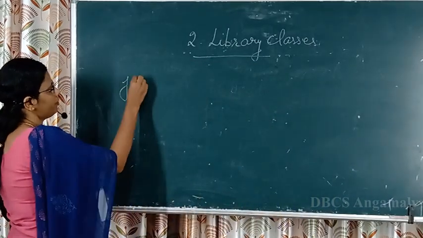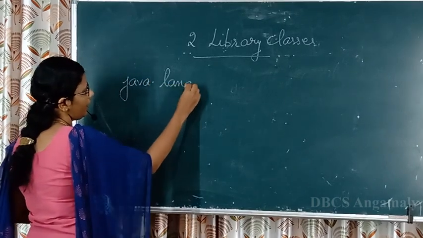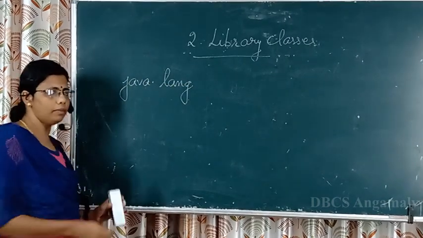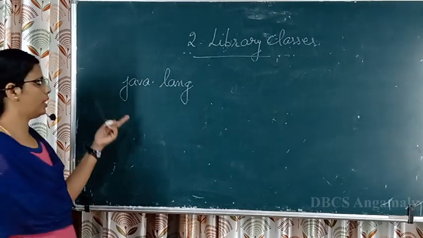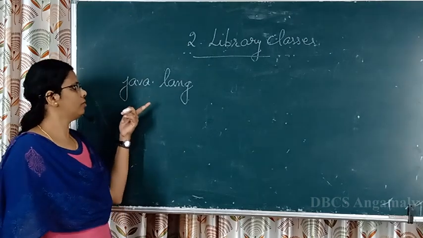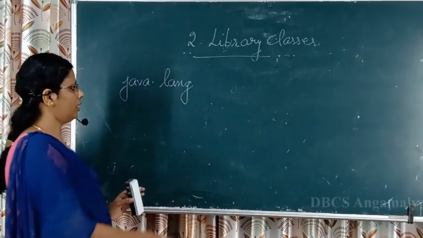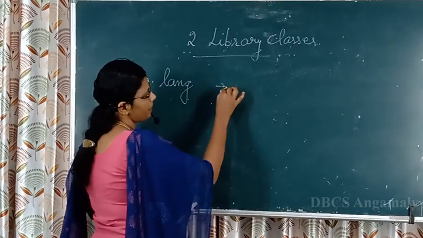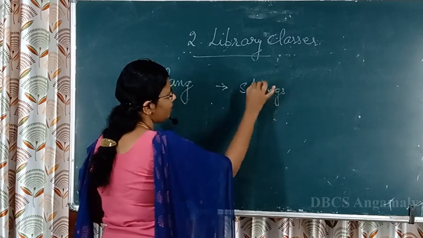First, we have a package called java.lang, L-A-N-G. And you all remember, Java is case sensitive. So whether you write in small letter or capital letter, it all matters. So the first package is java.lang. In java.lang, you have so many classes mainly relating to strings. Clear?